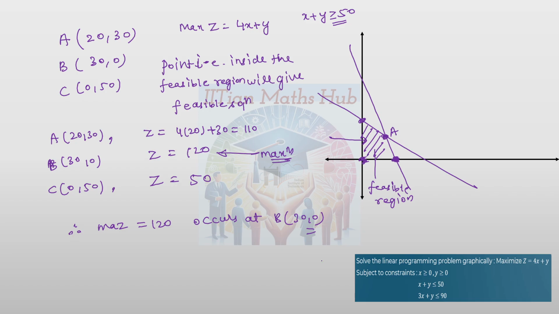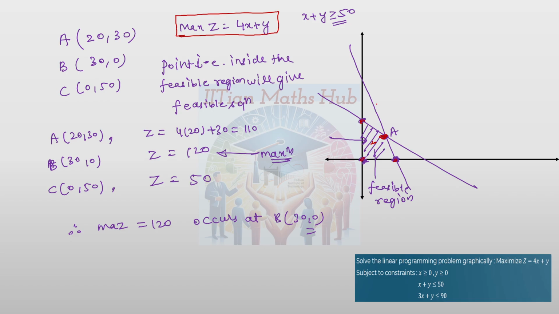Okay, and one more thing. After that we have to find out the maximum z value, right? As I said, inside the feasible region you will be getting some feasible points, and these corner points are also included.